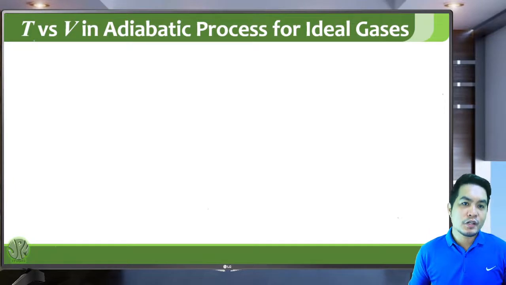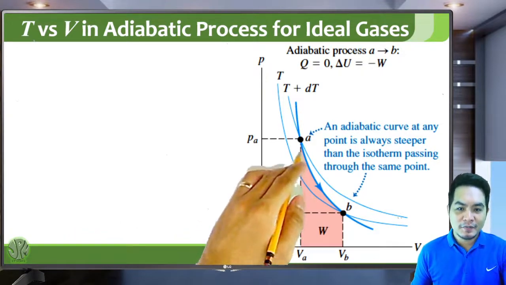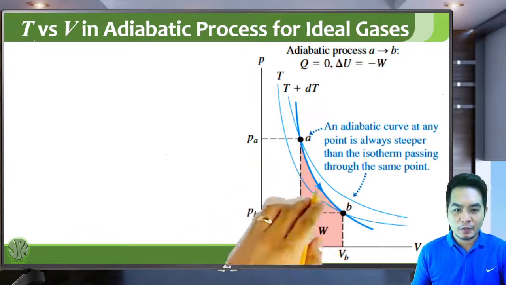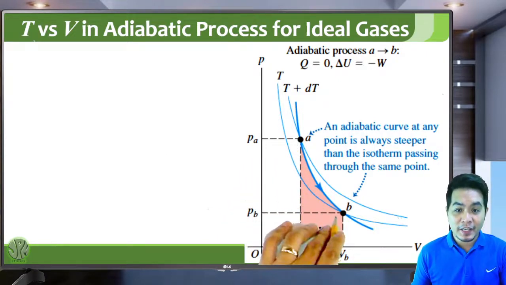What is the relationship between the temperature and volume in adiabatic processes for an ideal gas? This is an adiabatic process for an ideal gas from state A to state B. You will notice the pressure changes. In this case, it's an adiabatic expansion.